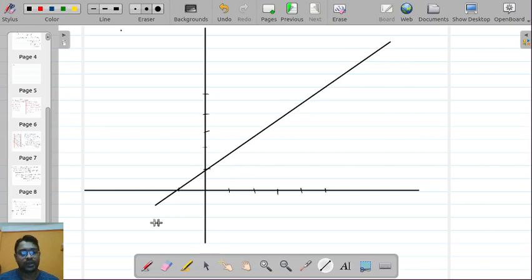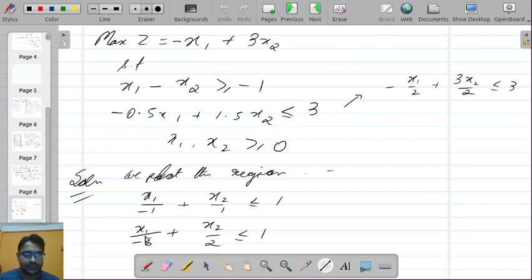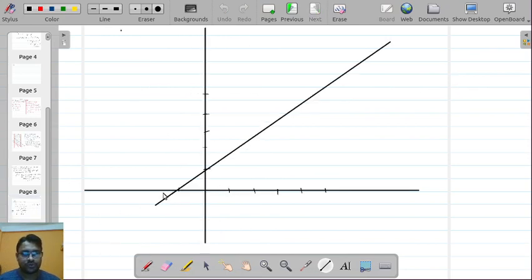This is one line. Another line is x1 by minus 6 and x2 by 2. Minus 6, so I have to draw it this way: minus 1, minus 2, minus 3, minus 4, minus 5.